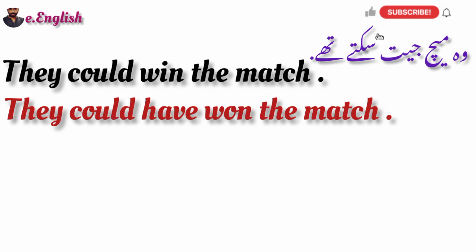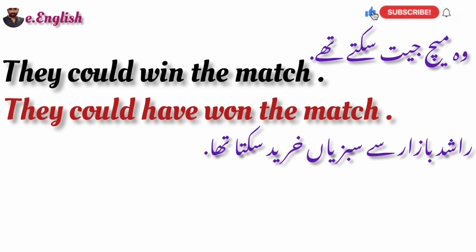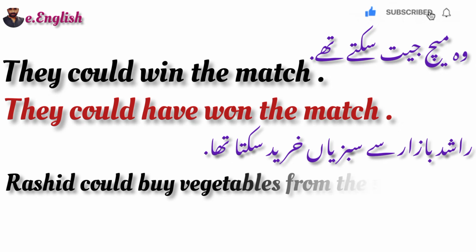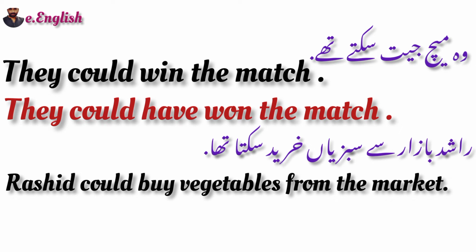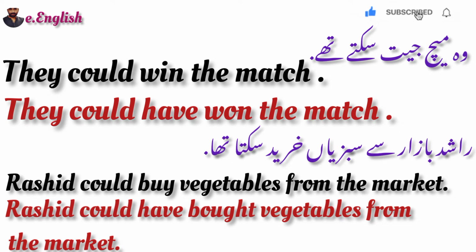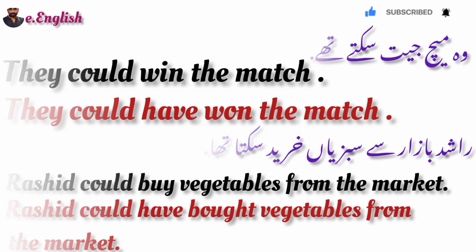Another sentence is राशिद बाजार से सब्जियां खरीद सकता था। Rashid could buy vegetables from the market. Using could have: Rashid could have bought vegetables from the market.